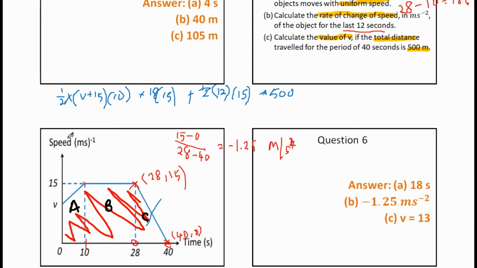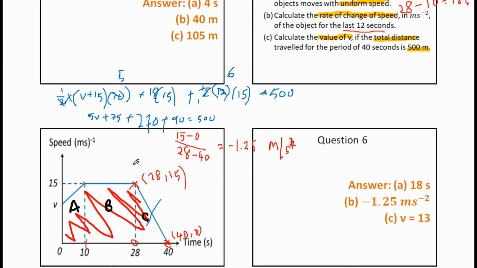Okay, then you solve this one. We can simplify by 5, then multiply in: 5v plus 15 times 5, 75, plus 18 times 15, 270, plus, okay, simplify this one, 6. 6 times 15, 90 equals 500.